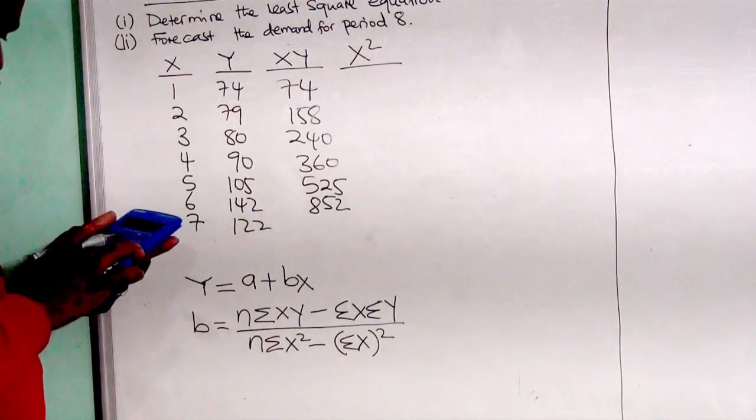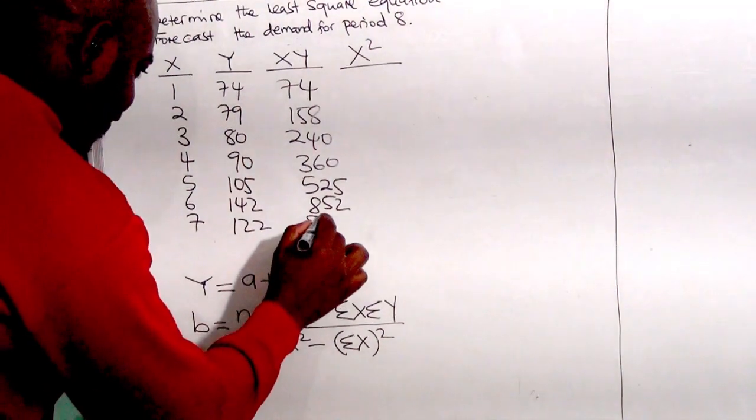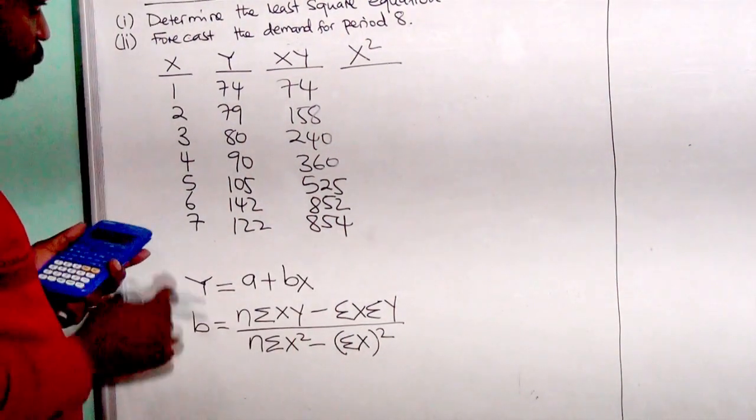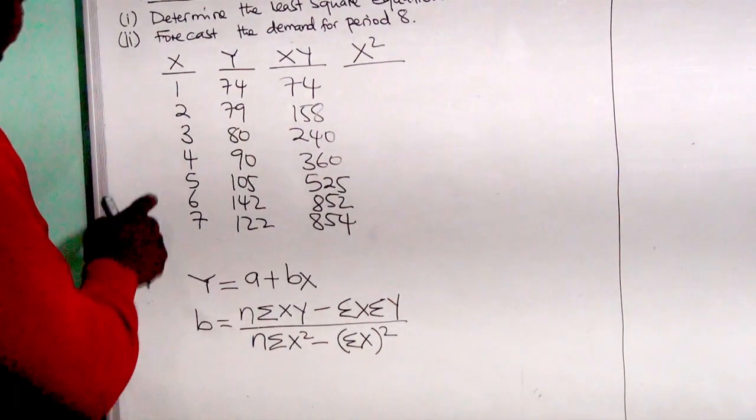And 7 multiplied by 122 gives 854. All right.